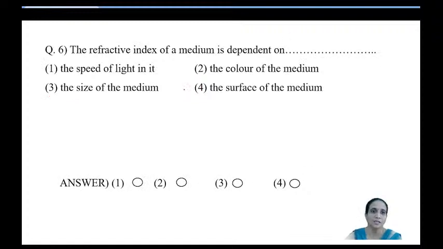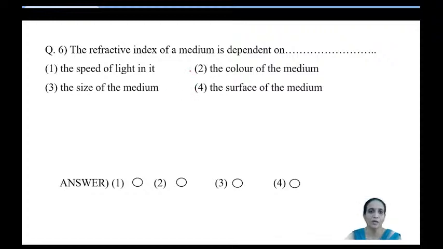Question number 6. The refractive index of a medium is dependent on. Options are given. Let us read the option. First option is speed of light in it, that is in the medium. Color of the medium, second option. Third option is size of the medium, and the fourth option is surface of the medium.